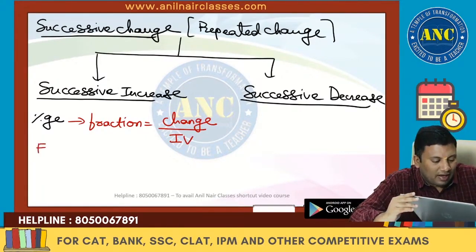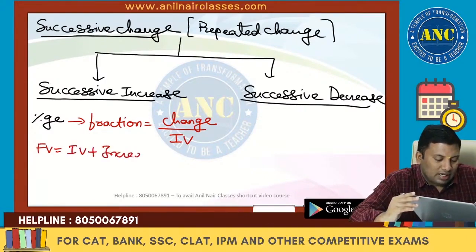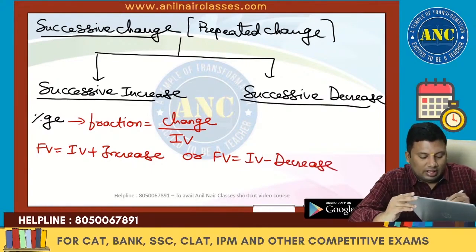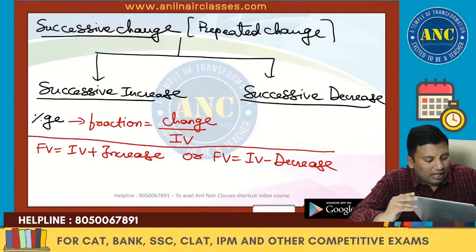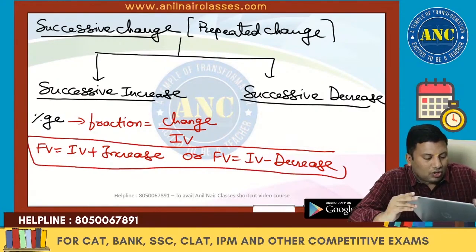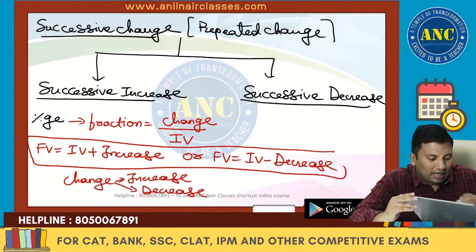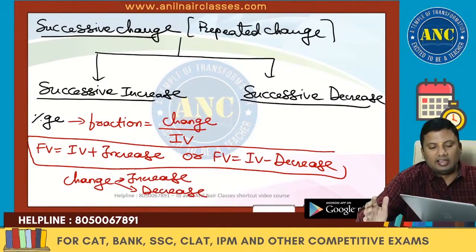So final value is nothing but initial value plus increase, or final value is nothing but initial value minus decrease. The change could be either an increase in value or a decrease in value. I hope the idea is clear.